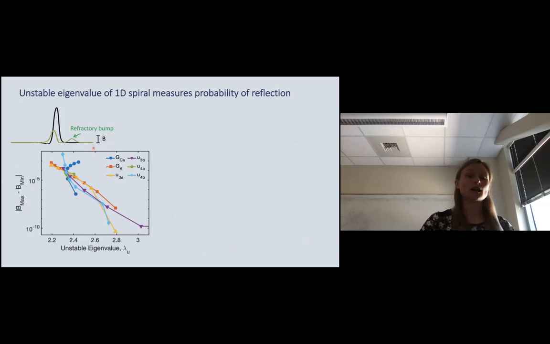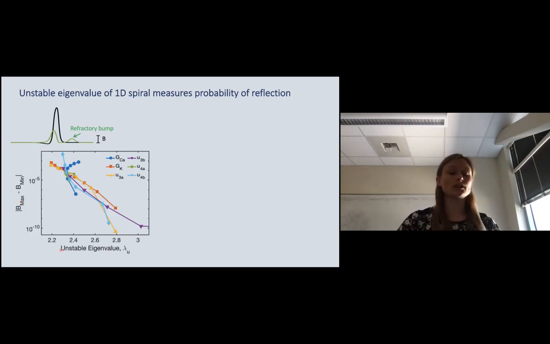We change the height, the amplitude of this bump, B, find the minimum value that generates reflection behavior and the maximum value that generates reflection behavior, and so you're seeing the length of that interval on the vertical axis. This directly gives us a measure of the probability of reflections by telling us how many conditions create those reflections, or how sensitive it is to the conditions.